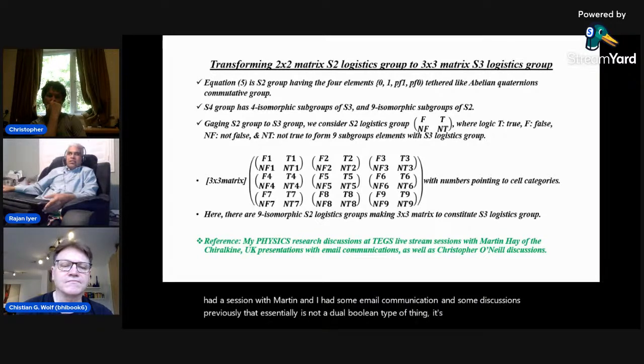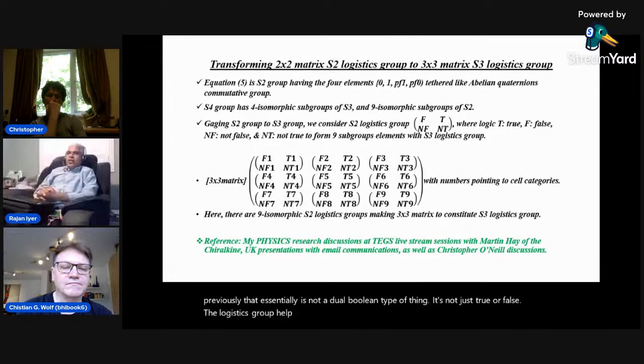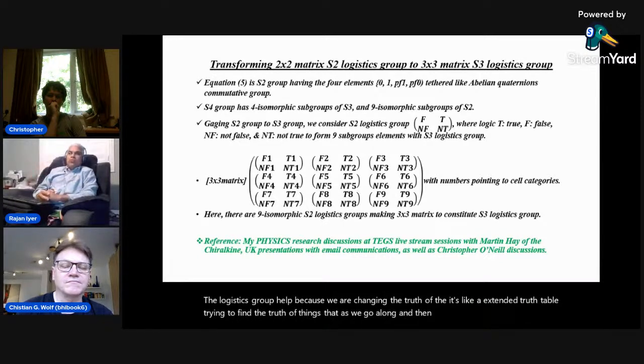It's not just true or false. The logistic group helps, because we are trying to find the truth of things as we go, like an extended truth table, and then convert it to our variables.